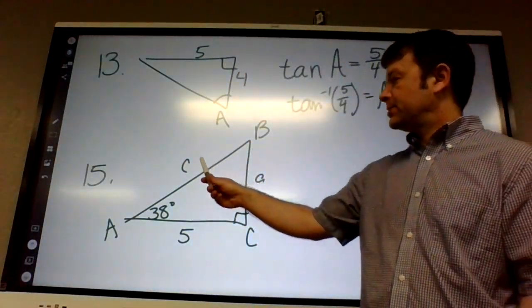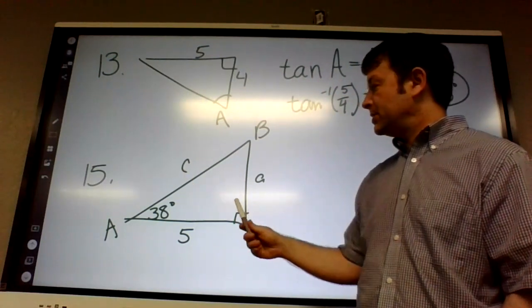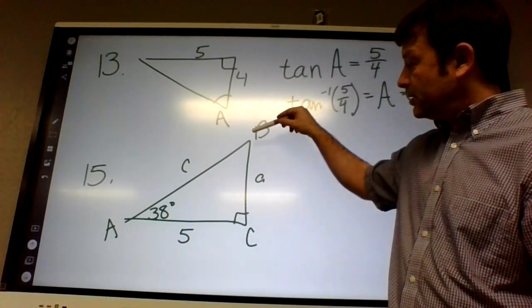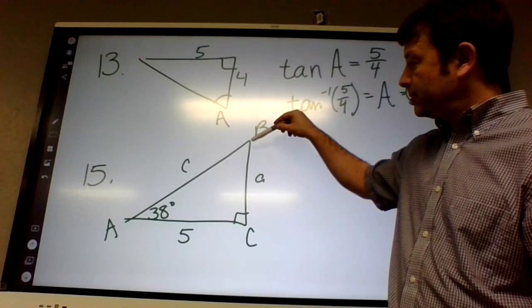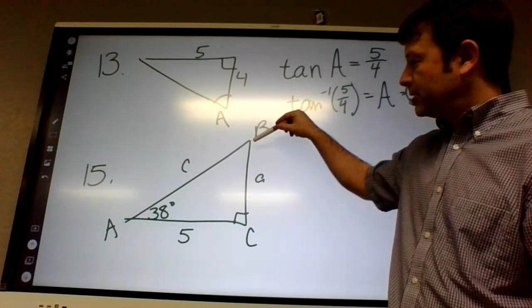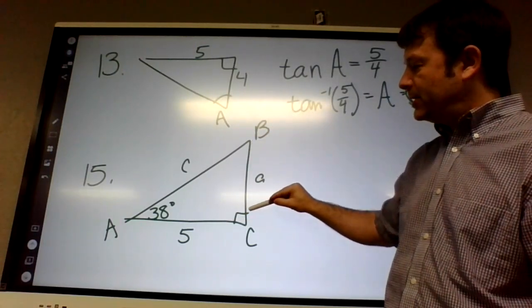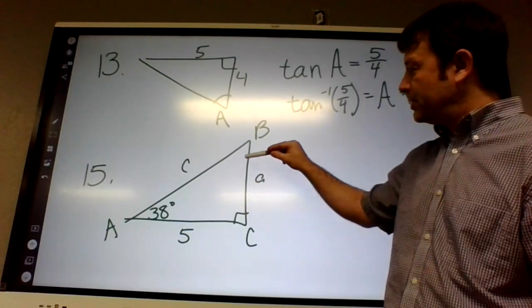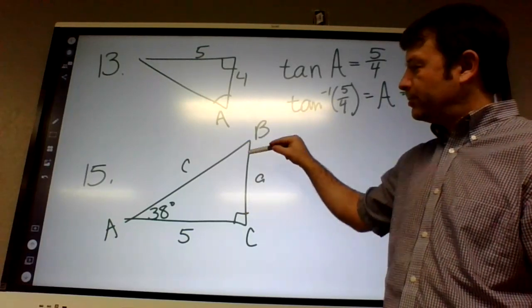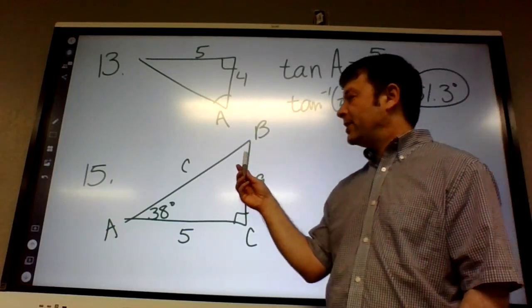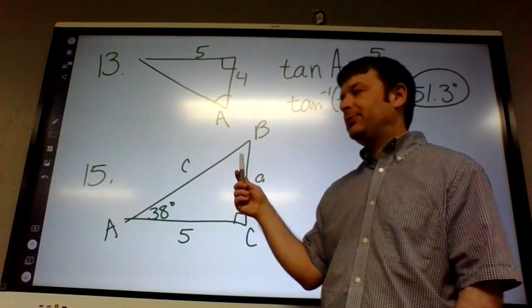We've got 2 missing sides, A and C, and actually we only got 1 missing angle, don't we? We only got 3 missing parts. The 90-degree angle is given to us, so we don't need that. So what's the easiest way to find angle B? Pretty quick.